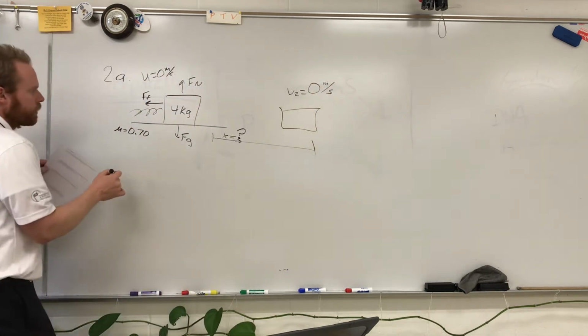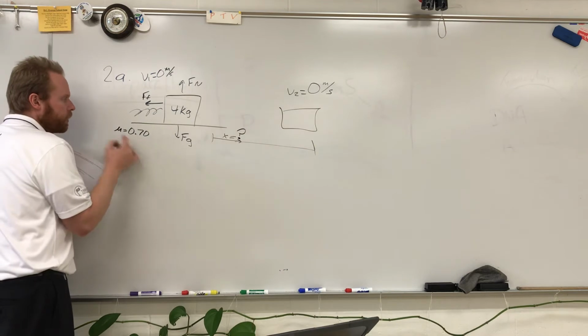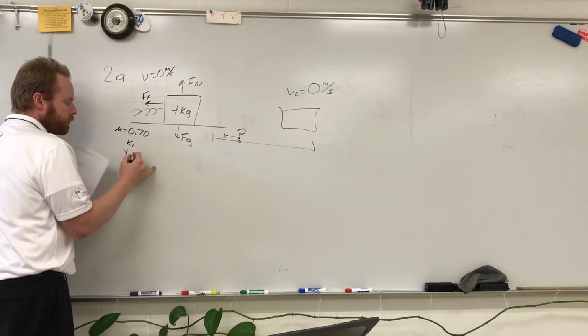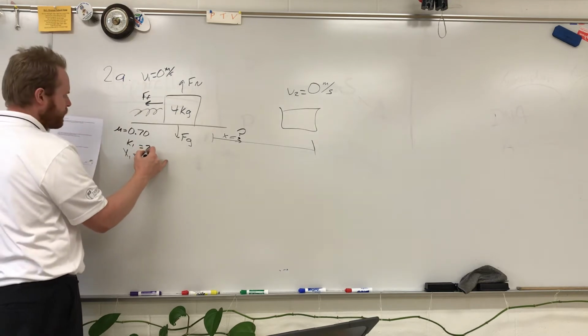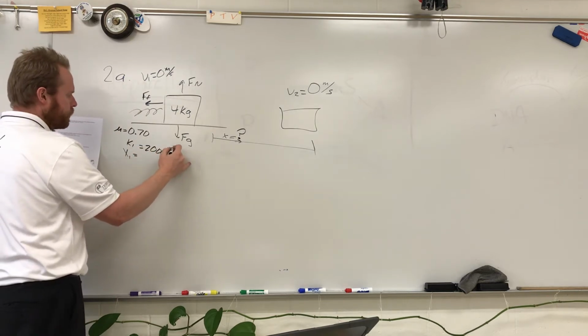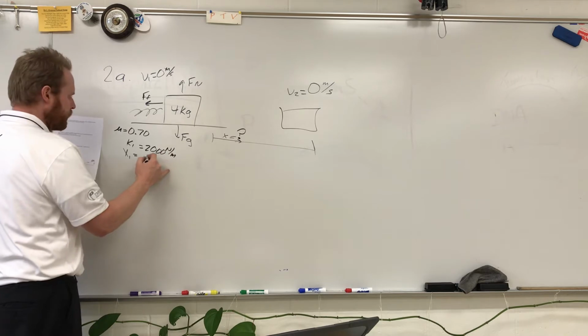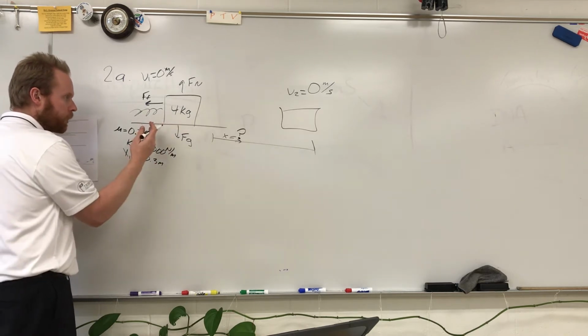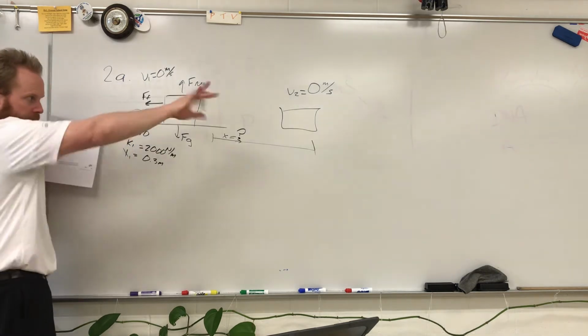So over here, we have a compressed spring. So we're going to have K1, we're going to have X1. Our K is 2,000 newtons per meter, and that spring is compressed 0.3 meters. We're going to hold it, and then we're going to release it, and it's going to go that way somewhere.